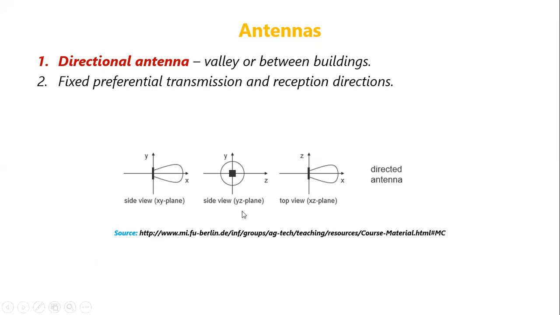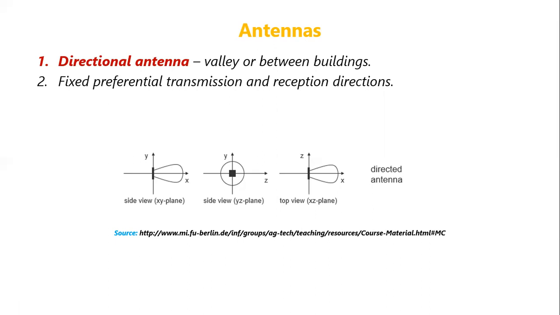This diagram shows how the radiation pattern of a directional antenna looks. In the YZ plane, it looks omnidirectional, but in the XZ plane and XY plane, you can see it is very much focused in one direction, and it is totally neglecting other directions. So these are called directional antennas.